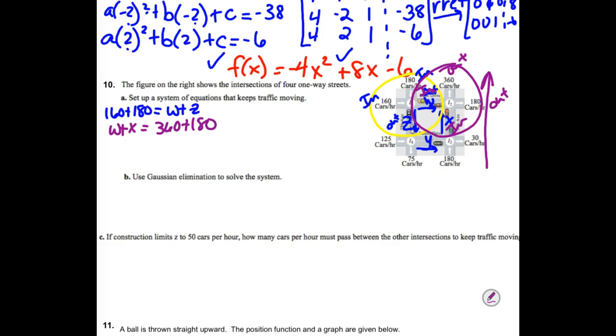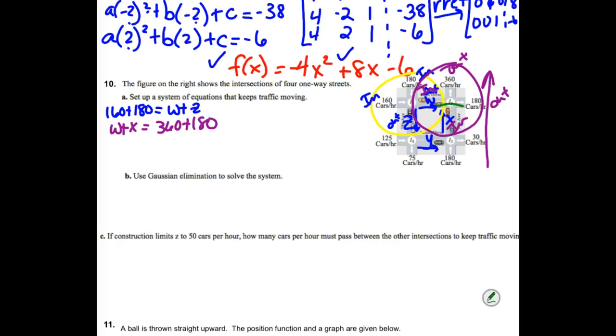What's coming out? Okay, looking at the next intersection. All right, which ones are going in? Look at your bottom street. We're going this direction, yes? So Y is going in and 30 is coming out for that street.